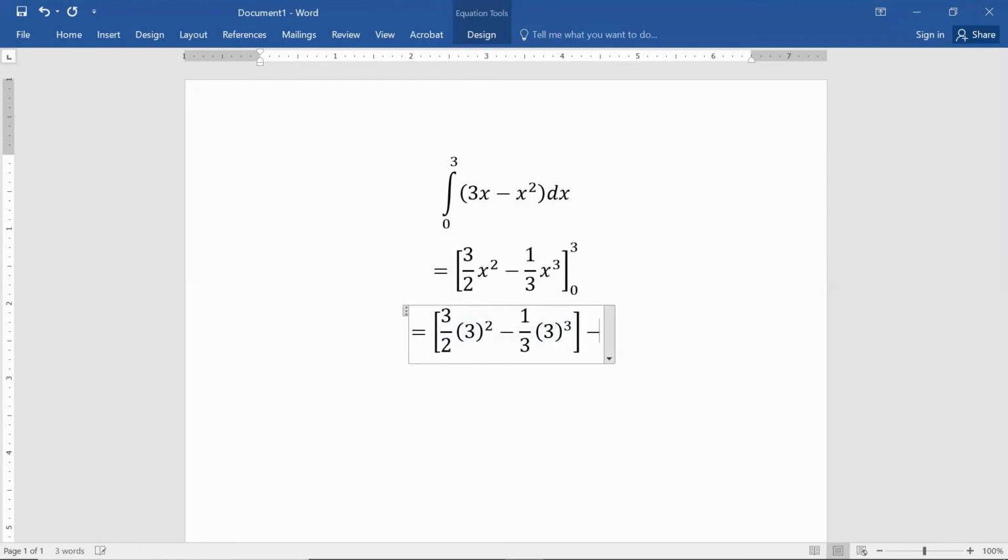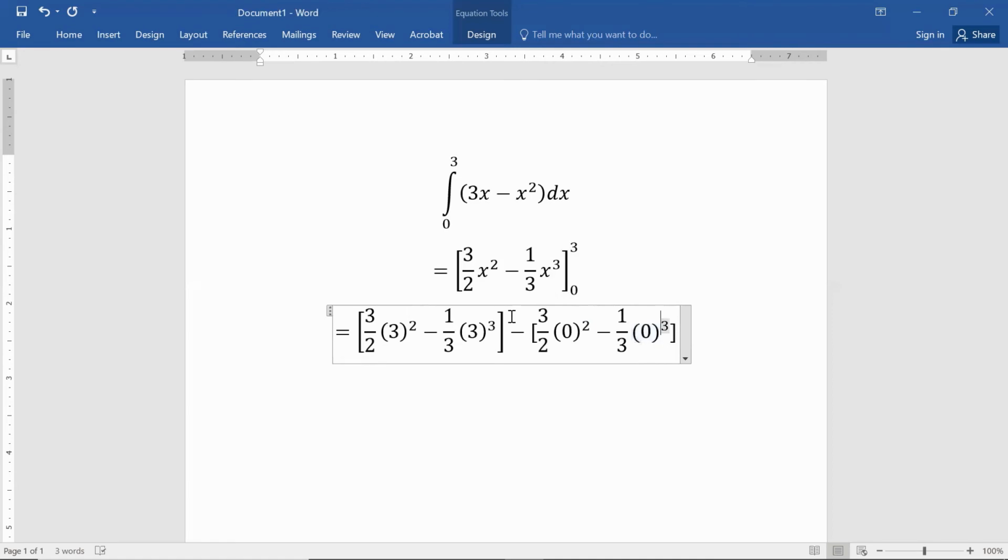After you plug in the upper bound, you subtract what you get when you plug in the lower bound. In this case, since my lower bound is 0, I'm plugging in a 0.